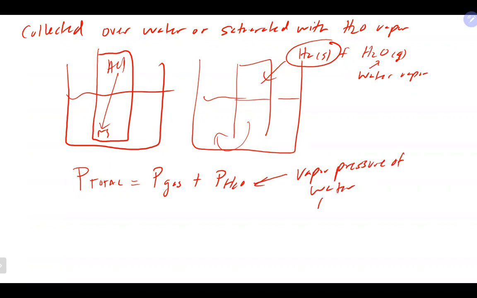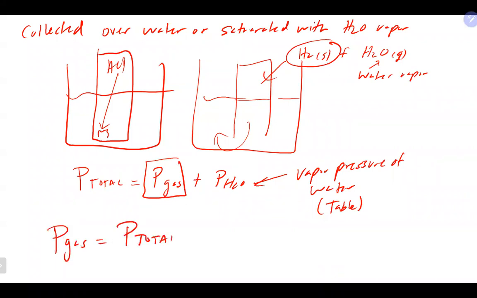Usually the vapor pressure of water is a table value that you look up on the table. Like in lab, they have it still hanging there on the board, I think, to this day, over there on the right. So you went there, looked it up with your temperature, and found the vapor pressure of water. Now, what this becomes is really just a subtraction problem, because in this case, you're interested in just the pressure of the gas. So the pressure of the gas you're interested in would be the total pressure minus the vapor pressure of water.